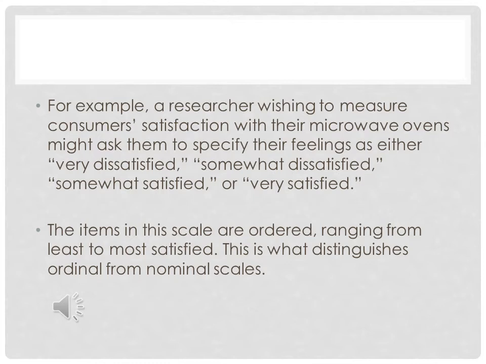So here you can see a rank order. The items in this scale are ordered ranging from least to most satisfied. This is what distinguishes the ordinal from the nominal scale. This is the difference you can find between the nominal and ordinal scales.